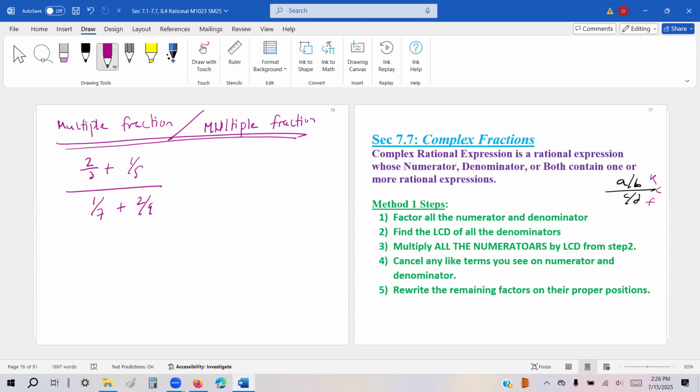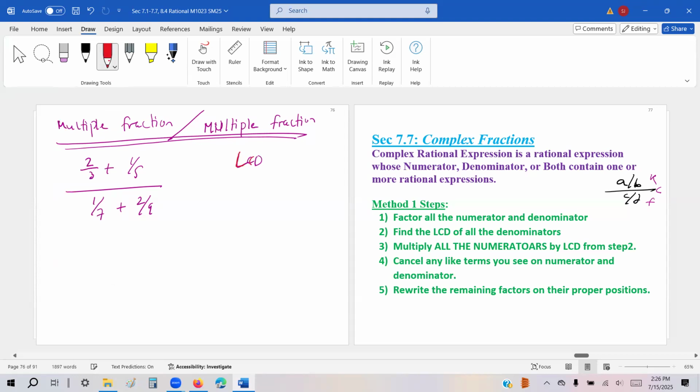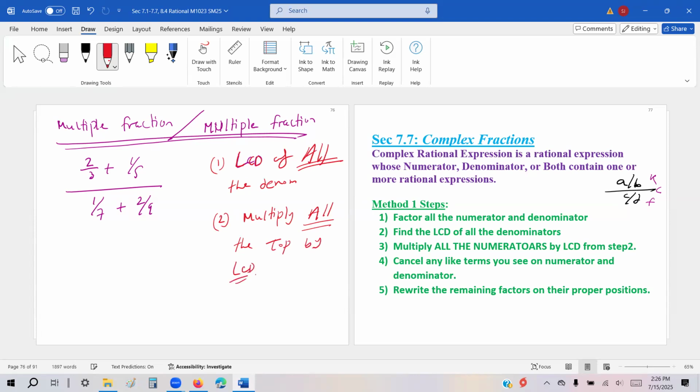We are going to find the LCD of all the denominators and multiply all the numerators, let me write top, all the top by LCD.